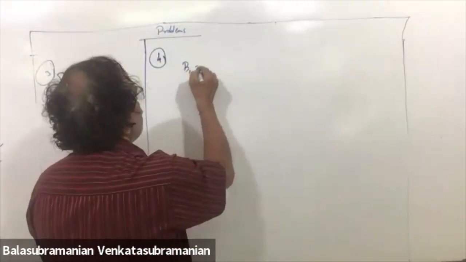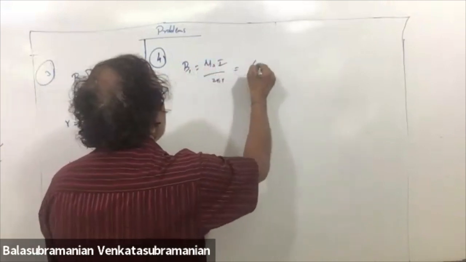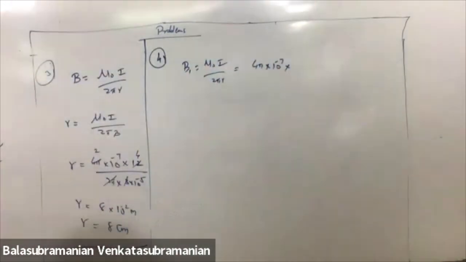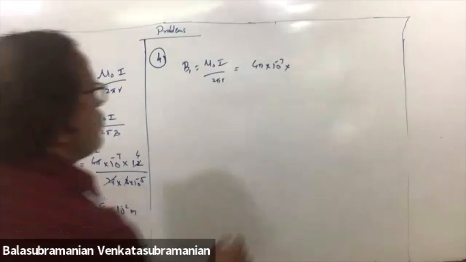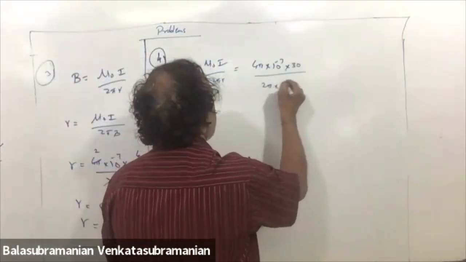B1 is mu naught I by 2 pi r, that is 4 pi into 10 power minus 7 into the current, 30 ampere, distance 2 centimeter away, 30 ampere by 2 pi into 5.